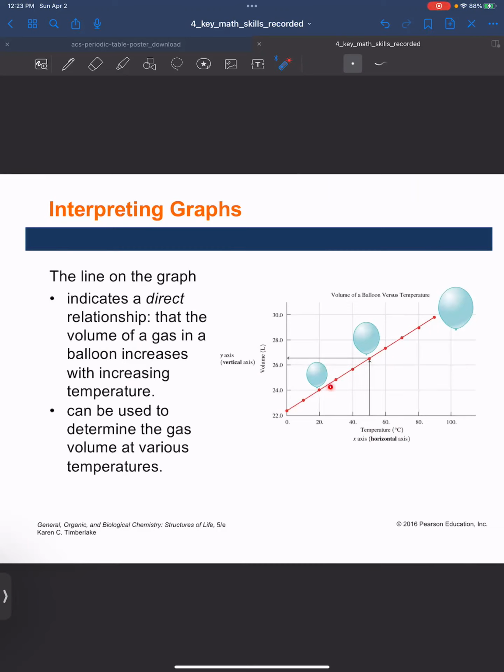And we can utilize this graph to determine the gas volume at various temperatures, even if a data point's not collected at that specific temperature. Like if I wanted to, for example, determine the volume of the balloon at this specific temperature here, then I could extract that from this graph here.